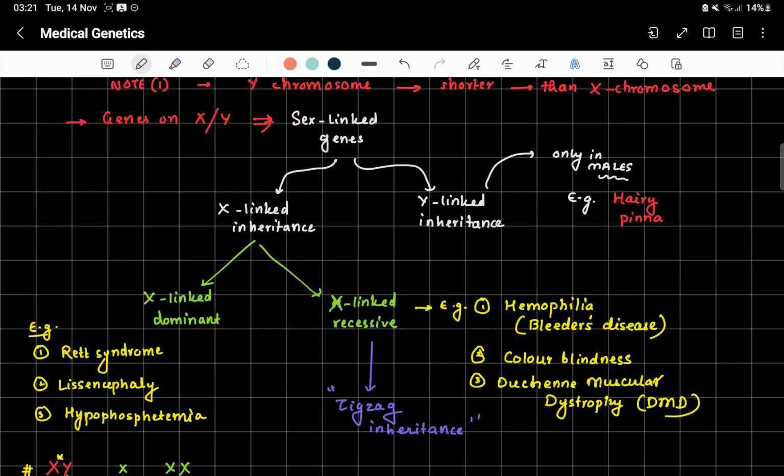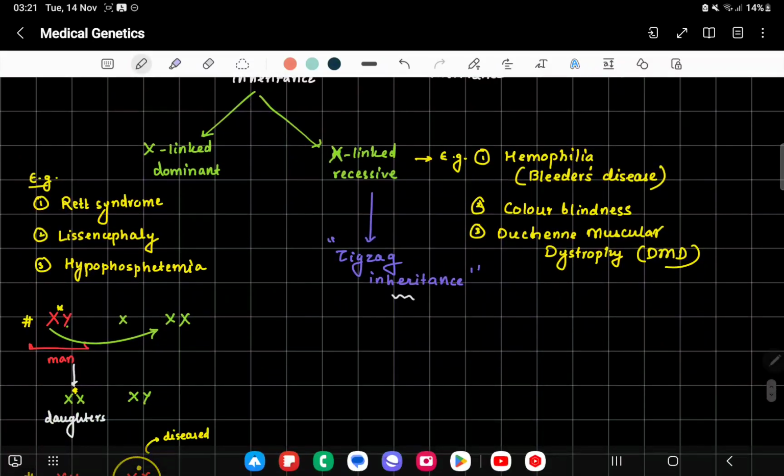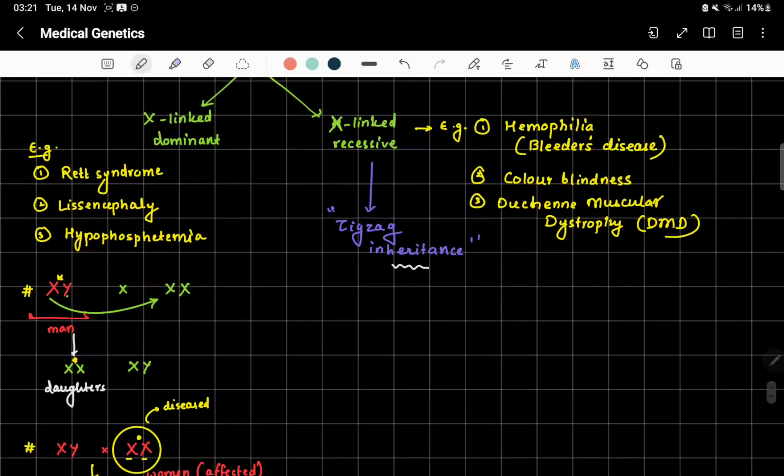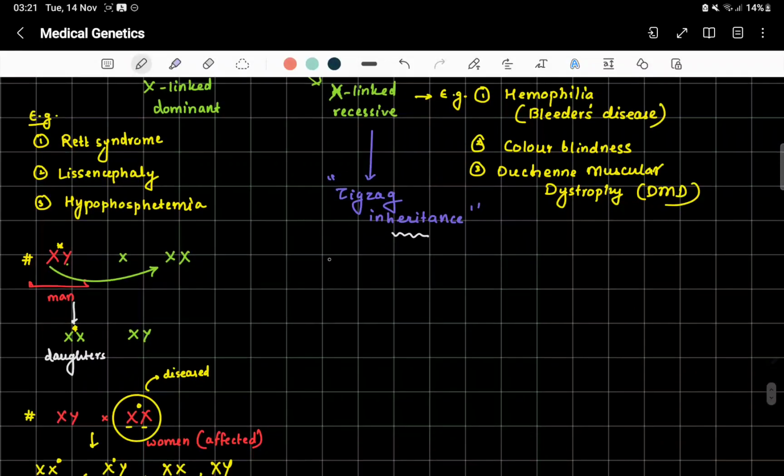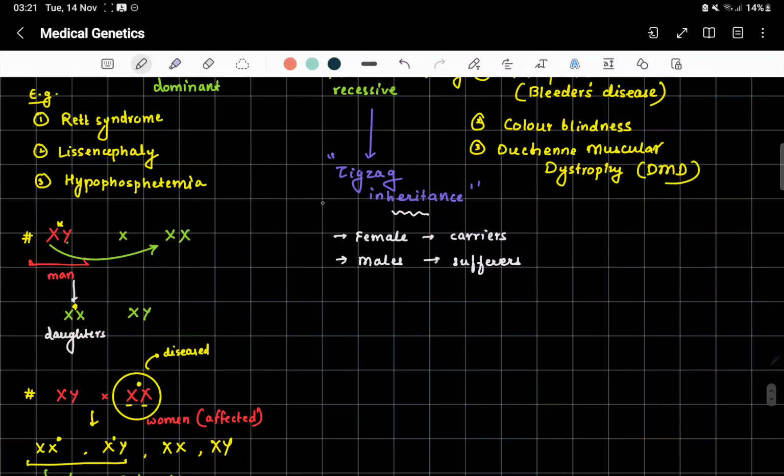So it is showing zigzag inheritance: the females are the carriers and the males are the sufferers. What do you mean by zigzag inheritance?